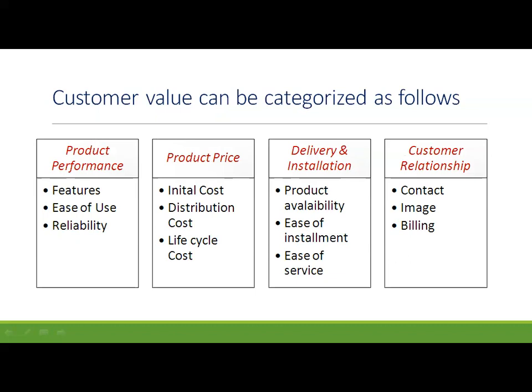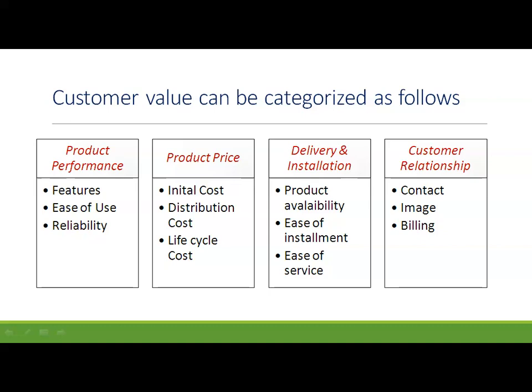Suppose there are two apps, the Sharekhan app and the Zerodha app, and, just as an example, the majority of people think the Zerodha app is more user friendly than the Sharekhan app. So, ease of use, and how reliable that product or service is. So n number of features will be there. From that we can judge the product performance that can lead to ultimate customer value.